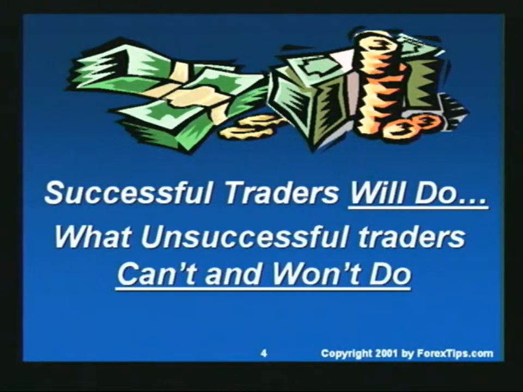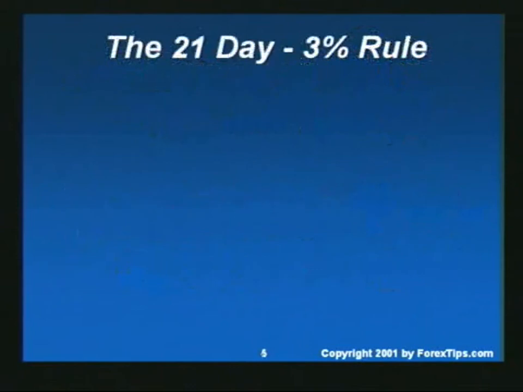They understand how the market works. They understand how they need to work as an individual trading in the market, and therefore they have acquired a set of disciplines that allow them to become successful in the market. Successful traders will do what unsuccessful traders can't and won't do.